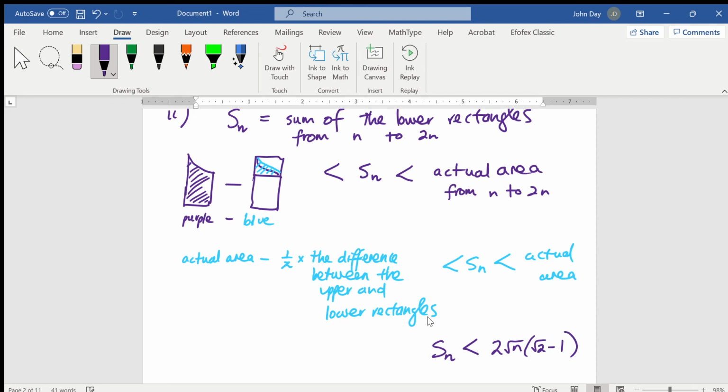And what I've got to do over this side is take the actual area, 2 root n times root 2 minus 1, minus half of the difference between the upper rectangle sum and the lower rectangle sum. So upper rectangle sum minus lower rectangle sum.